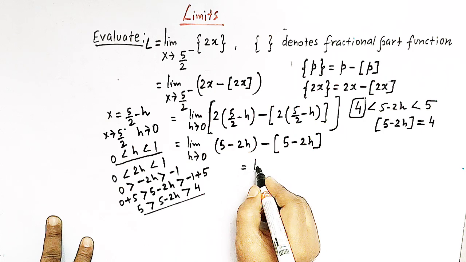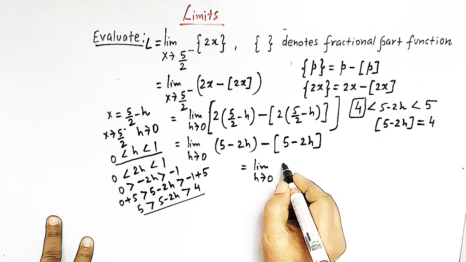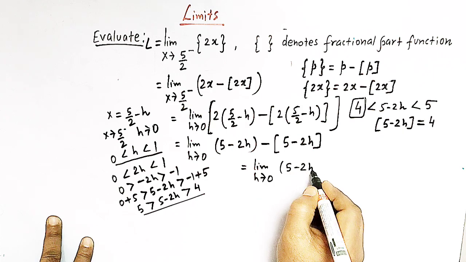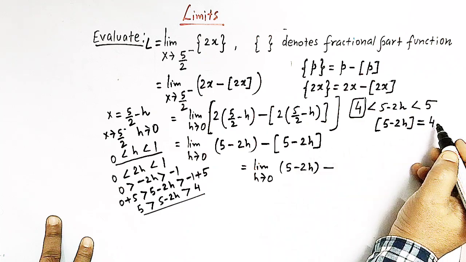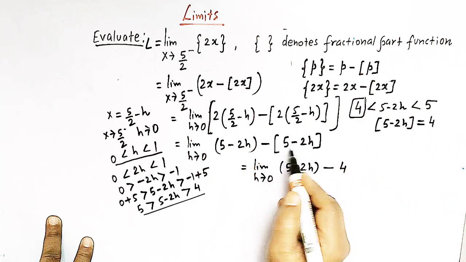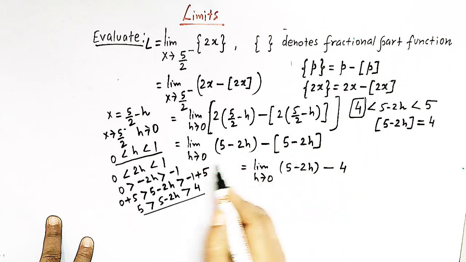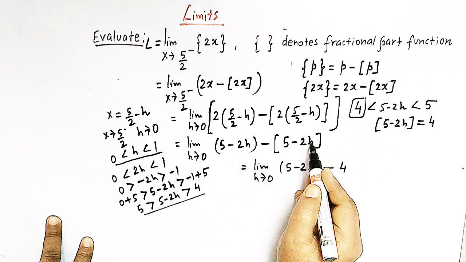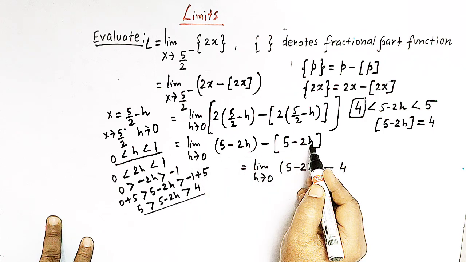So now we have the limit as h tends to 0 of 5 minus 2h minus 4. Remember, whenever we come across functions like the greatest integer function, we cannot directly substitute h equal to 0.